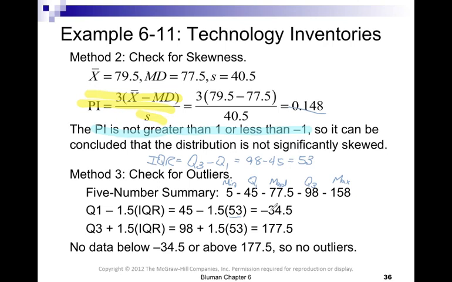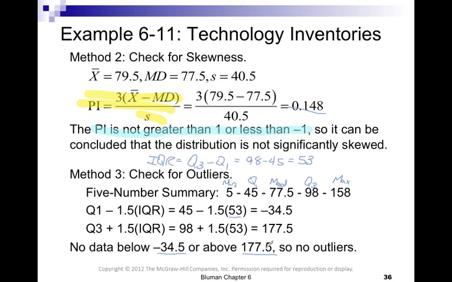That's 1.5 times below Q1. Q3 plus 1.5 times the interquartile range gives us 177.5. There was no data in our data set that was below -34.5 or above 177.5. So we can say there were no outliers in the data.